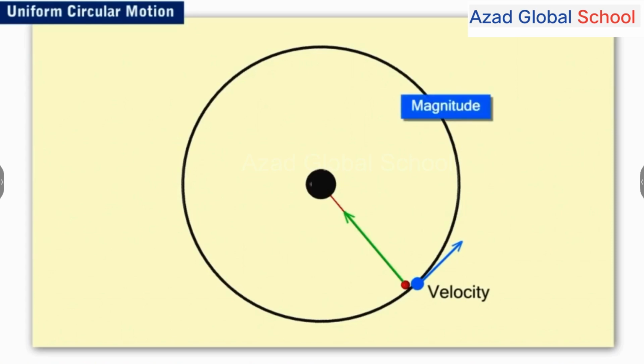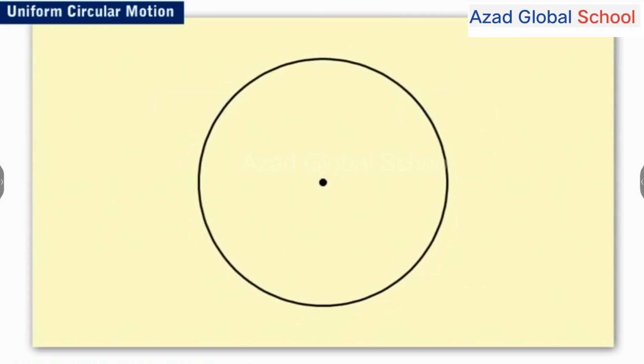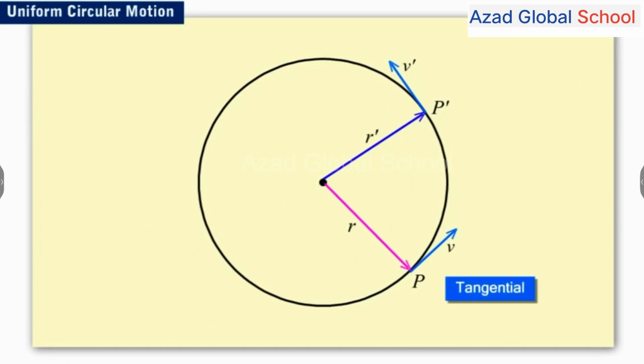Let us find the magnitude and direction of the centripetal acceleration. Here r and r' are the position vectors and v and v' are the velocities of a body at points P and P'. As the body is moving in the circular path, the velocity vectors are tangential to the circle at the points P and P'.